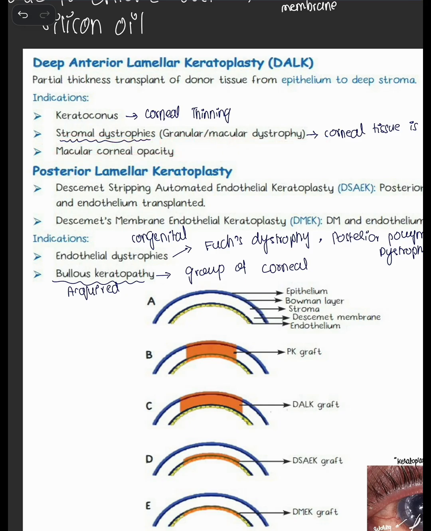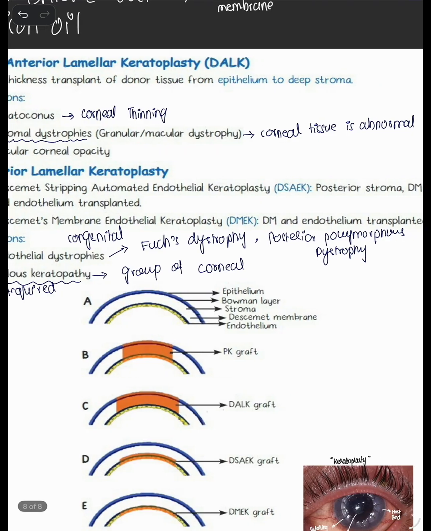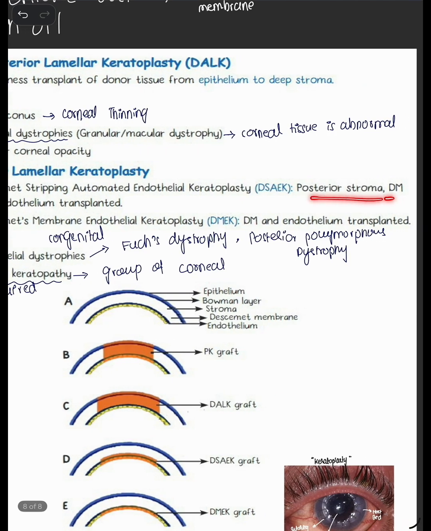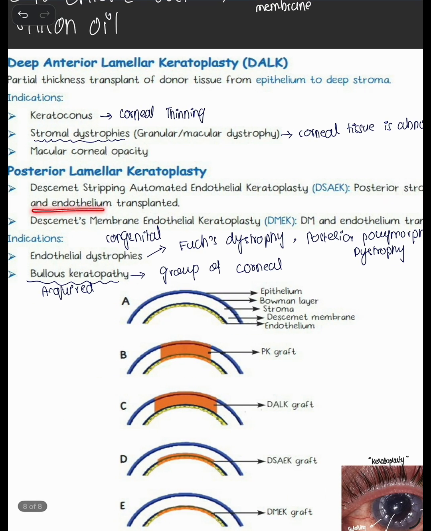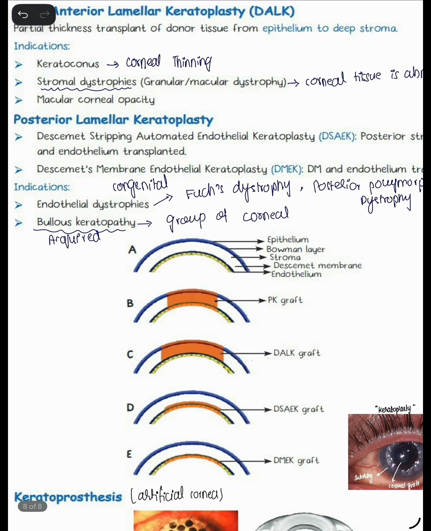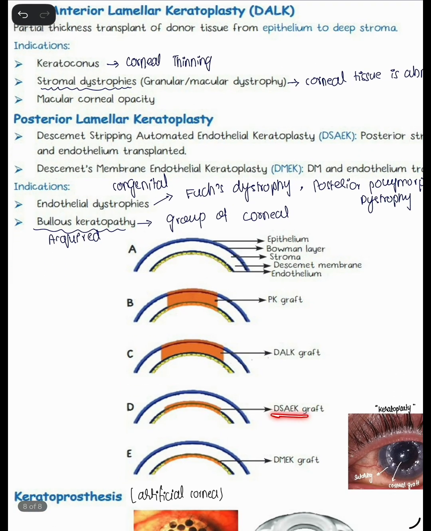What is the posterior lamellar keratoplasty? The Descemet stripping automated endothelial keratoplasty, DSAEK, in which the posterior stroma, Descemet's membrane, and the endothelium are transplanted. In the other one, Descemet membrane endothelial keratoplasty, only the Descemet's membrane and the endothelium are transplanted.